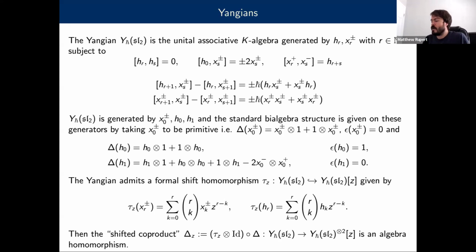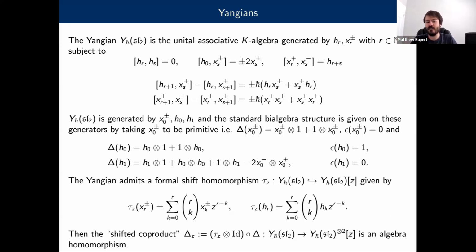When I construct these quantum vertex coalgebra structures, I'm going to need something called the formal shift homomorphism. This is a map from the Yangian to polynomials with coefficients in the Yangian. It takes, for example, H_r and sends it to a degree r polynomial in z with coefficients scalar multiples of H_k, where k runs from 0 to r, and the same for X_r plus and X_r minus.